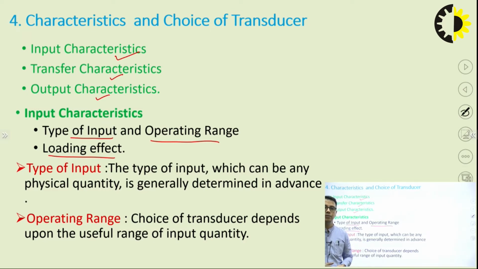We cannot use a pressure transducer over there. So accordingly we have to select our transducer. Then second is operating range. We should also have knowledge of the range of that particular measurement. Accordingly we can select our transducer.